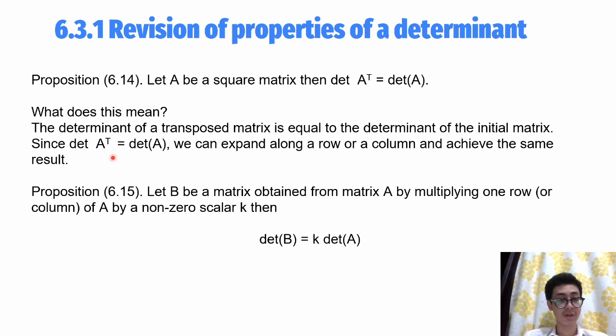Since determinant A transpose equals determinant A, we can expand along a row or a column and achieve the same result. Proposition 6.15. Let B be a matrix obtained from a matrix A by multiplying one row or column of A by non-zero scalar K. Then determinant B equals K determinant A.